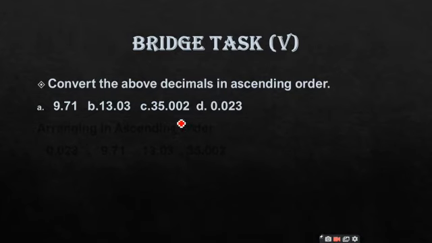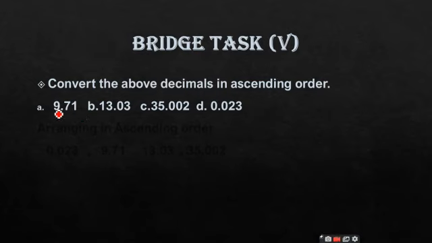When we arrange the decimals in ascending order, first we have to see the whole number. If the whole numbers are the same, we have to see the tenth place. If the tenth places of the numbers are the same, we have to see the hundredth place, and if the hundredth places are the same, we have to see the thousandth place.